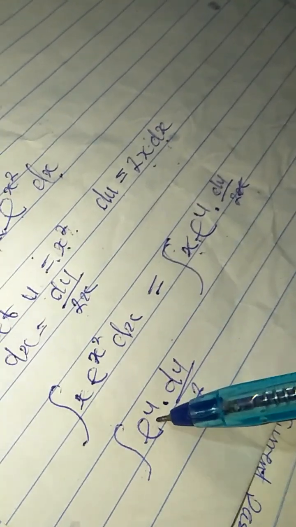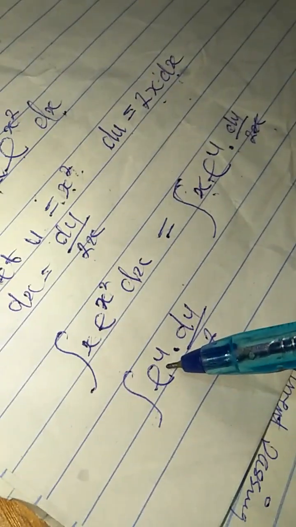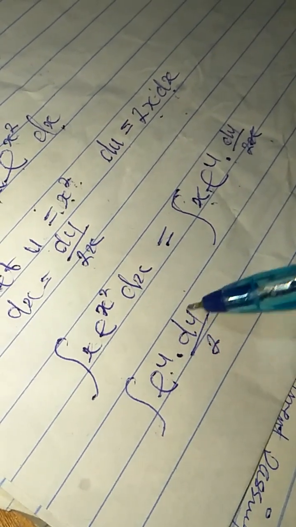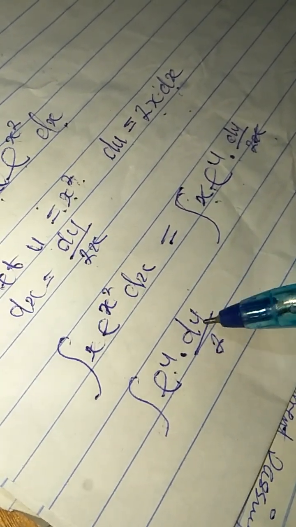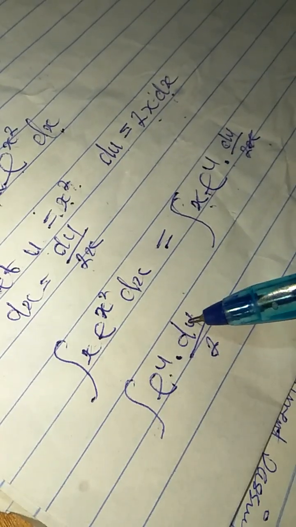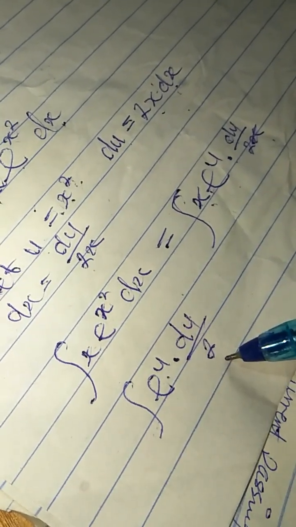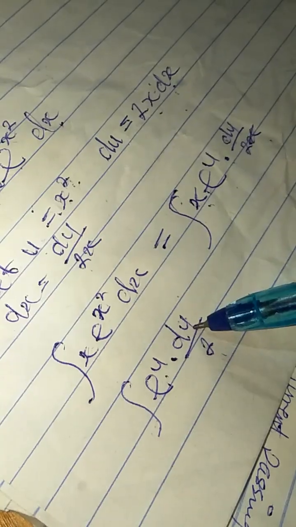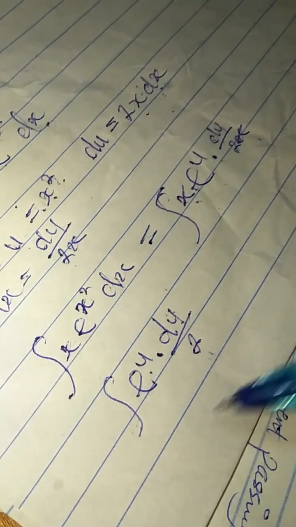If I integrate e^u, you already know I will have e^u. And if I integrate du here, I will have 1. So indirectly, I am seeing 1 over 2 here, and 1 over 2 is a constant, so I will factor it outside.